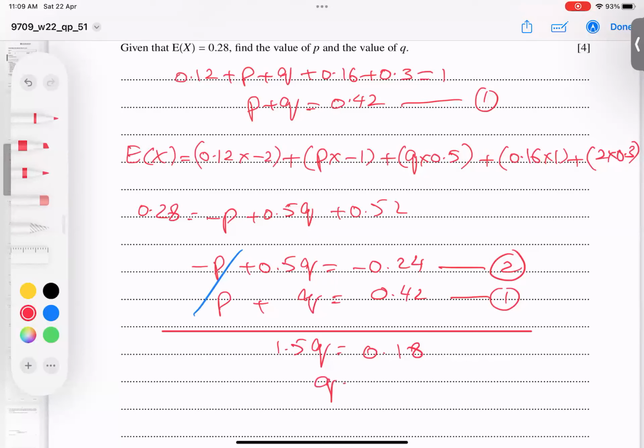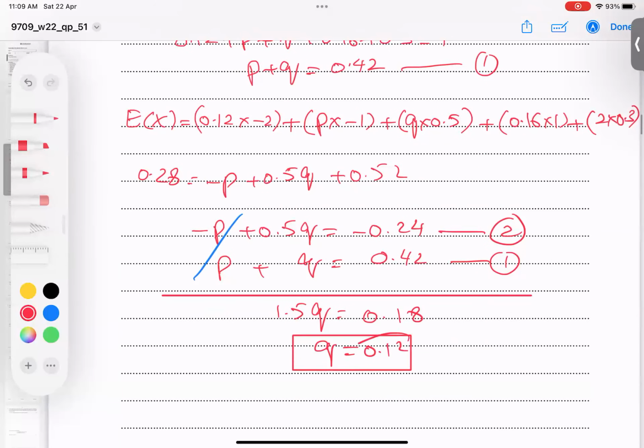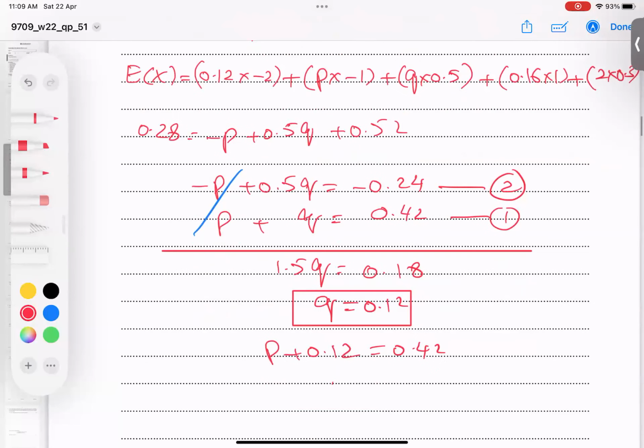So the Q value is 0.12. Now I plug this Q in here: P plus 0.12 equals 0.42, so P becomes 0.3. Alhamdulillah, I am sure the point is very clear.